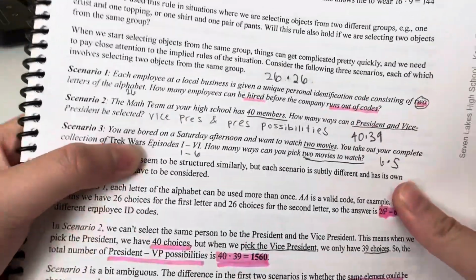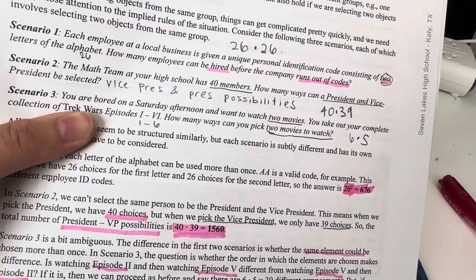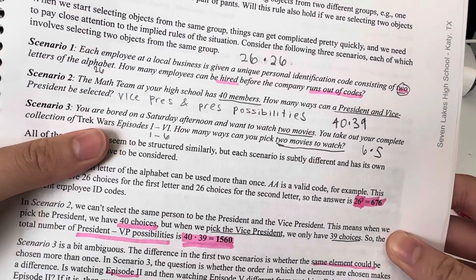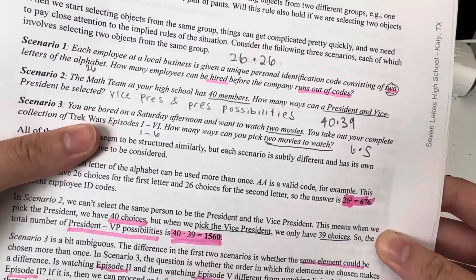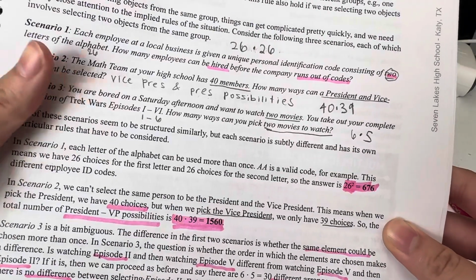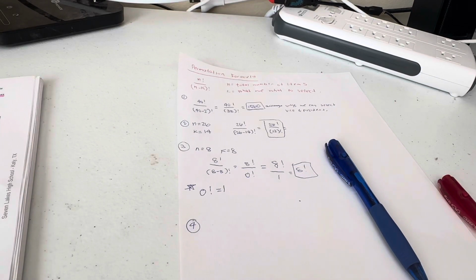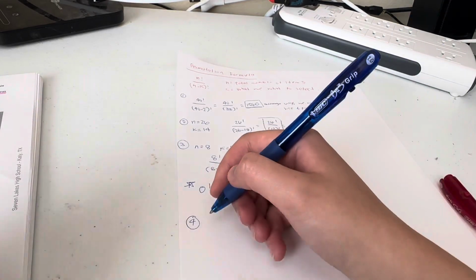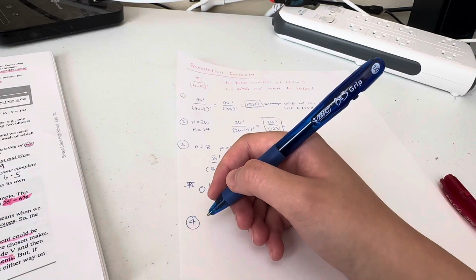Okay. You are bored on a Saturday afternoon and you want to pick 2 movies. You take out your complete collection of Star Wars episodes 1 to 6. How many ways can you pick 2 movies to watch? All right. So let's see. Alrighty, this one I'm going to do spontaneously because I have not done it, but we'll see if I get it right.